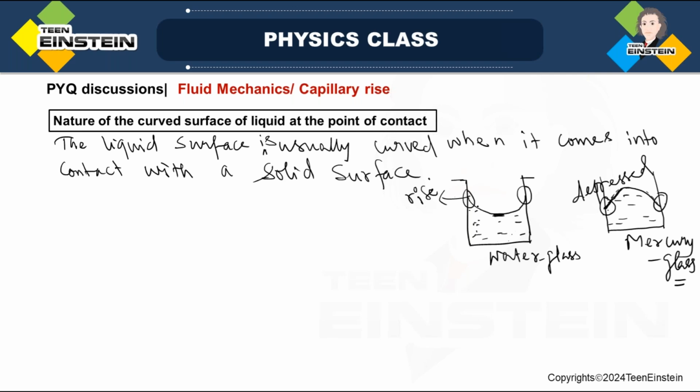So at what condition or situation does this rise or depression happen? What is the reason, or how do adhesive and cohesive forces interplay here? Let us see those situations.